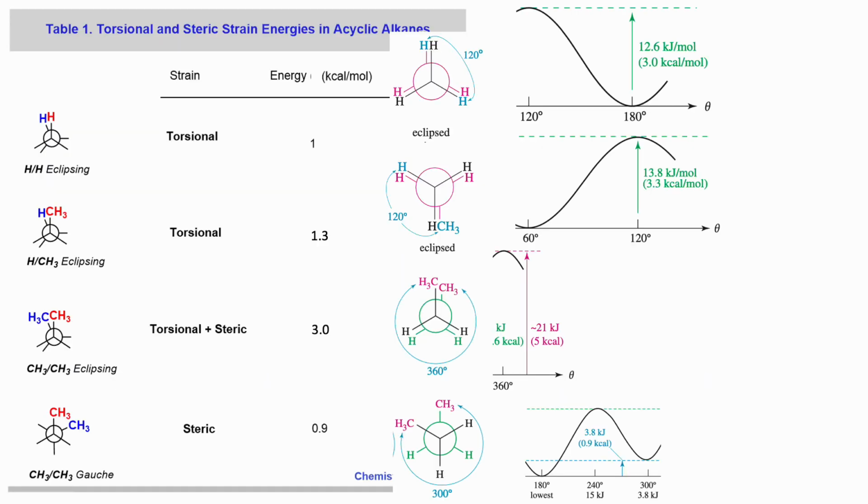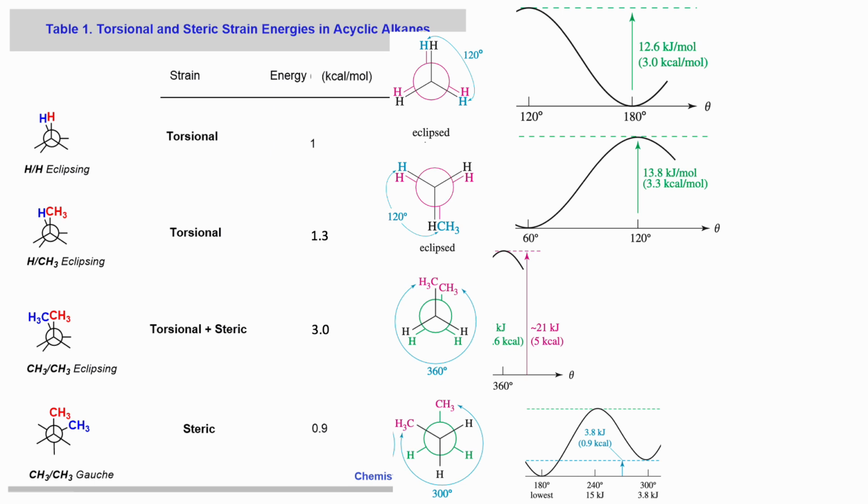And here finally, just to summarize all of these different interactions, we can put the numbers to them. That torsional strain in ethane, where we have two hydrogen atoms eclipsing each other: the hydrogen atoms are too small and too far away from each other to have any significant steric strain. So in that hydrogen-hydrogen eclipsing interaction, it's only torsional strain that we're looking at, and we give that a value of 1 kcal per mole.